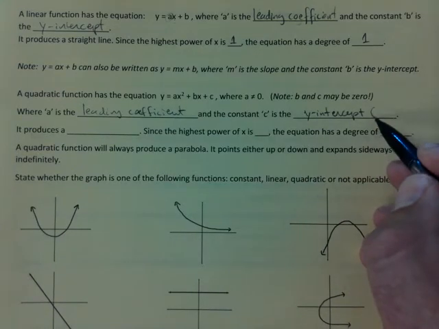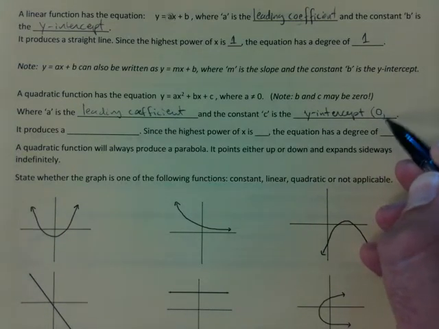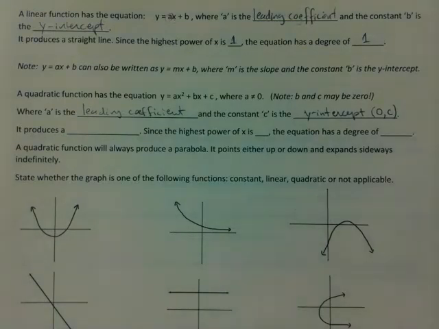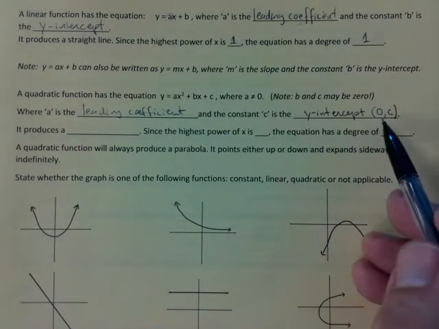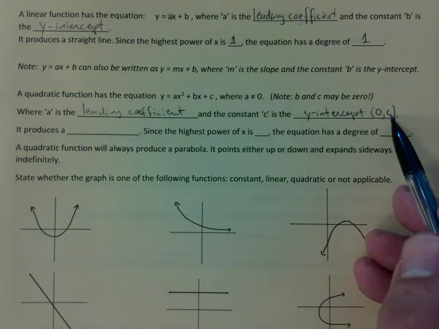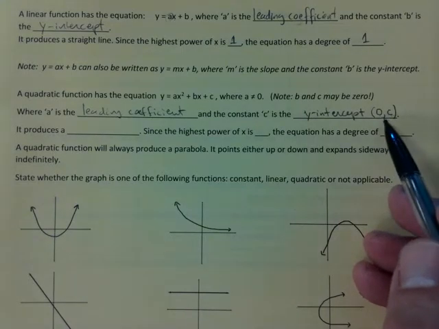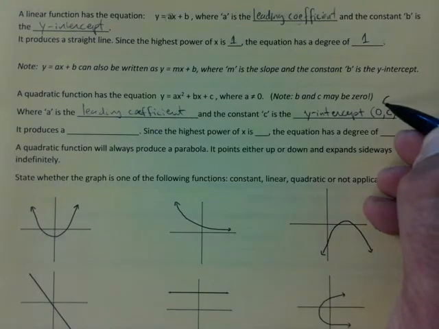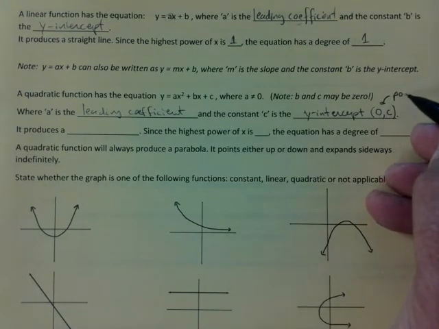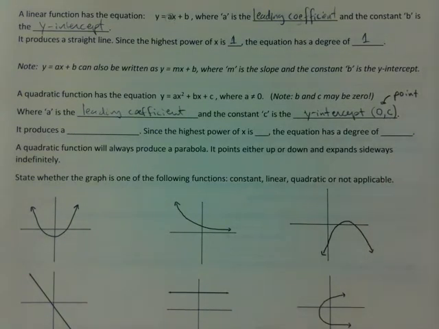Last year you may have written it like y-intercept is equal to a number. We like to say it's 0 and then whatever c is. Okay, this is a point on the coordinate plane. It's actually a specific point.